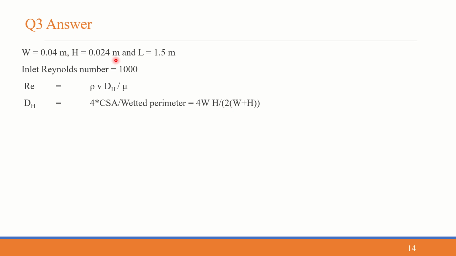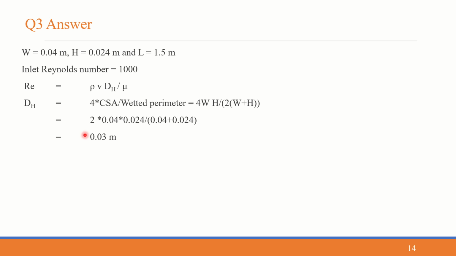So it is 0.04 into 0.024 divided by the wetted perimeter, that is the perimeter of the rectangle, 2 times W plus H. So it is 4 into 0.04 into 0.024 divided by 2 times 0.04 plus 0.024. So 4 divided by 2 becomes 2 and the answer is 0.03. So now we know the hydraulic diameter of the pipe as 0.03 meter.